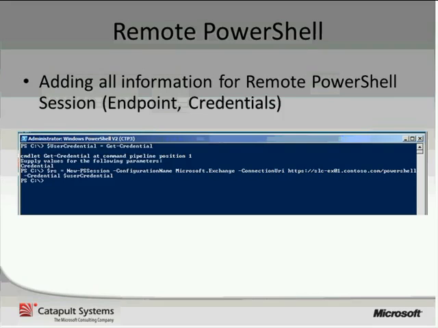Then I'm going to add all the information for the remote PowerShell session, right? And that's the endpoint and the credentials. In this case, my endpoint is https://slc-ex01.contoso.com/PowerShell. That's my server, slc-ex01. All right, and then we're passing the credentials, $UserCredential.